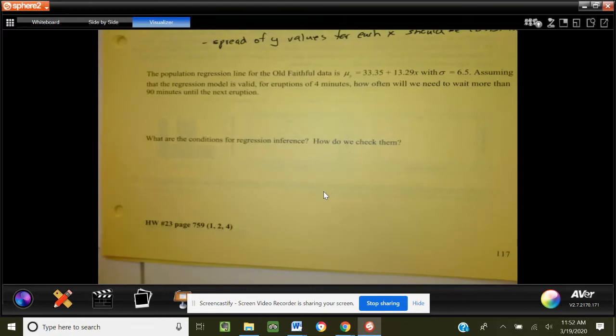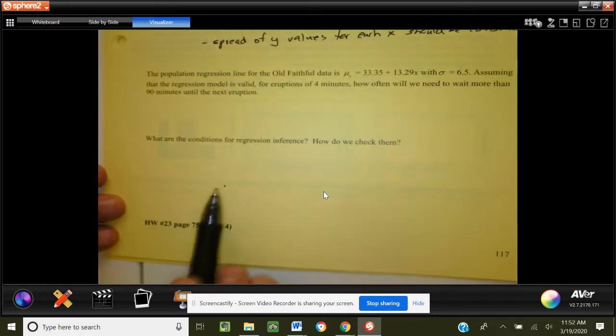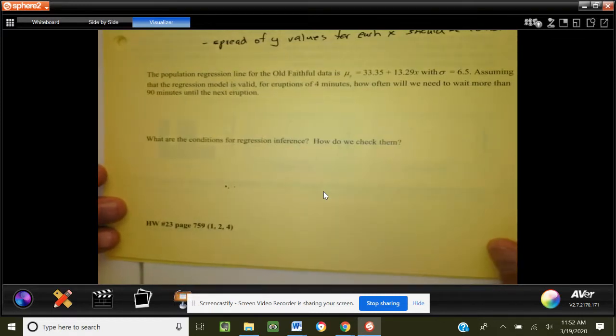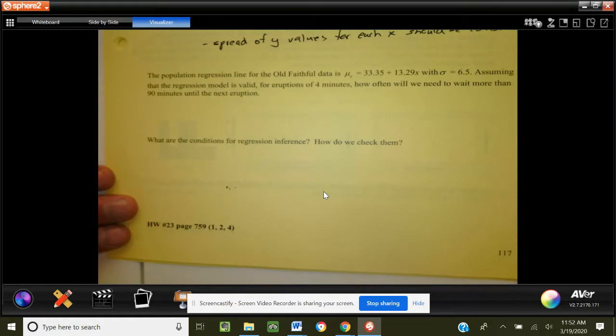Okay, so assuming that the regression model is valid, and we're going to get to conditions in a minute for how to check that. The question here is, and it's a sampling distribution question like we saw in chapter 7, that assuming that model is valid, for eruptions of 4 minutes, how often will we need to wait more than 90 minutes until the next eruption?